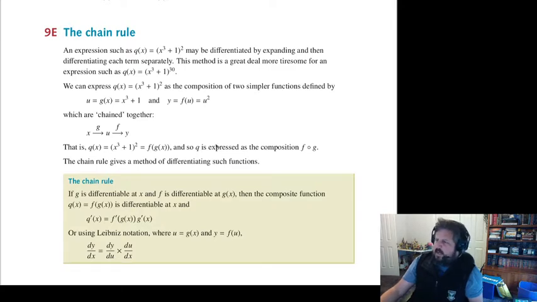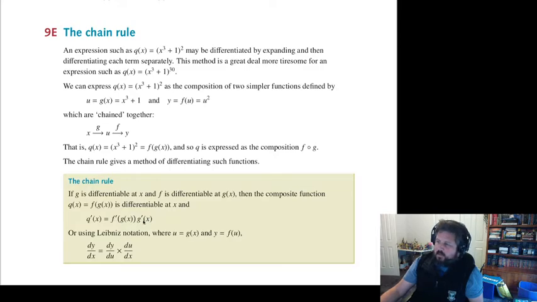Essentially there are two different types of notation here. They're saying you can find the derivative of q as being the derivative of f of g of x multiplied by the derivative of g of x.